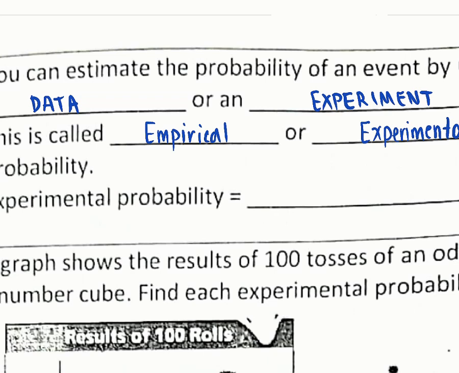Okay? And then, of course, just like theoretical probability, here's how you find experimental probability. It's the number of favorable outcomes on top, and that's going to be over the total number of outcomes on the bottom.